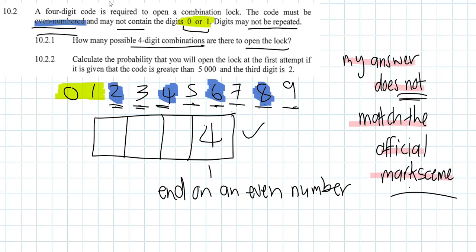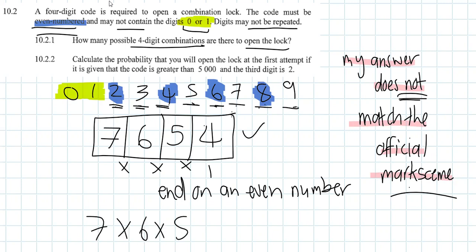It's one even number, and that means we have 7 options left. And this is times 6. It's a non-repeat, so the next one is 6, and then the next one is 5. And this is the counting principle, so we times them together. 7 times 6 times 5 times 4.